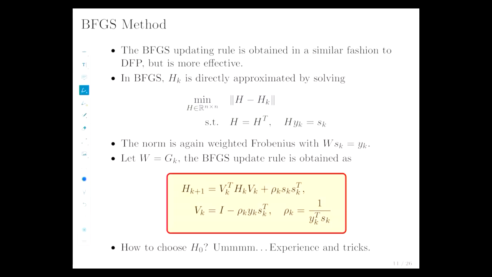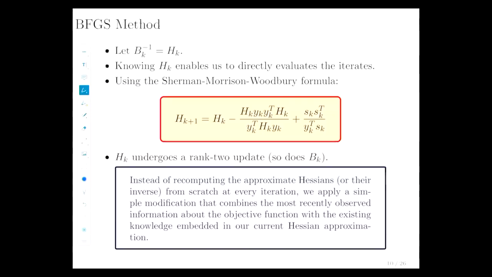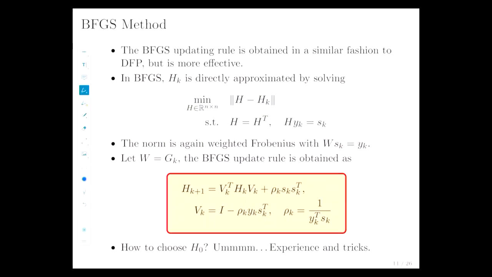And it has another nice property. Because in using the Sherman-Morrison update, H_k would have appeared in the denominator of the updates. Here, H is only in the numerator. It's only in the linear form.